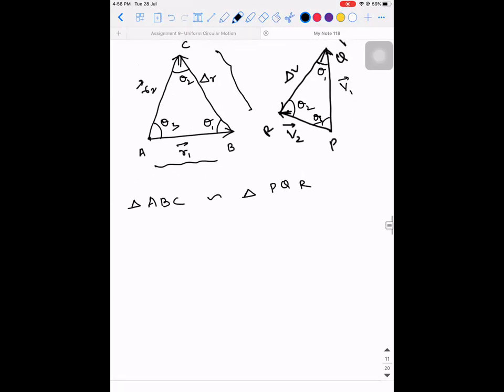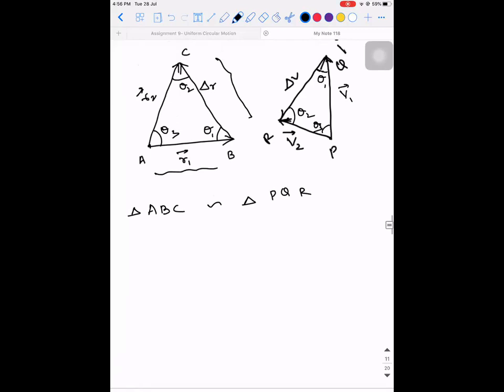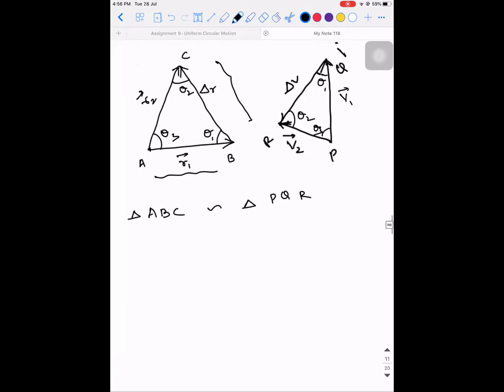Then what can I write? Wait, is it PQR? In triangle ABC, B is the middle angle, sir, so that is theta 1.